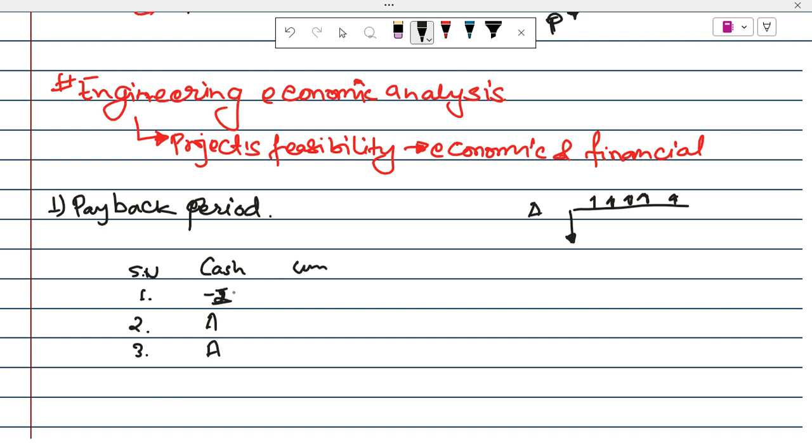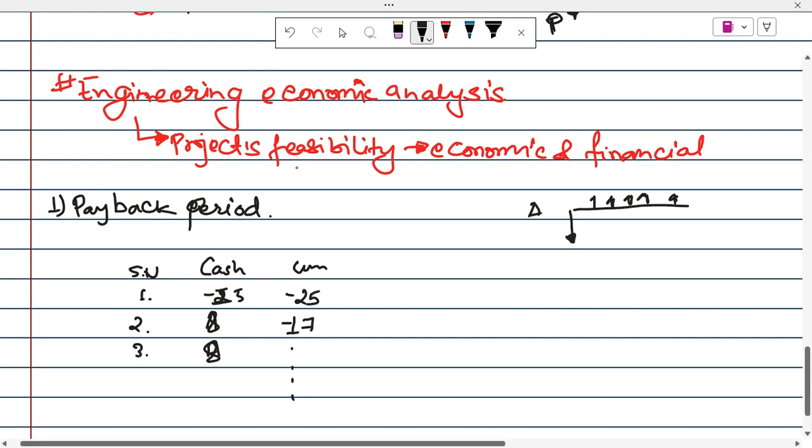Suppose this is 25,000, this is 8,000, and this is again 8,000. Then in the first year we have minus 25,000 of cumulative cash flow. In the second year we have minus 25 plus 8, which is minus 17 cumulative cash flow, and so on and so forth.